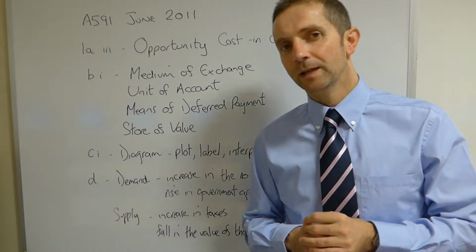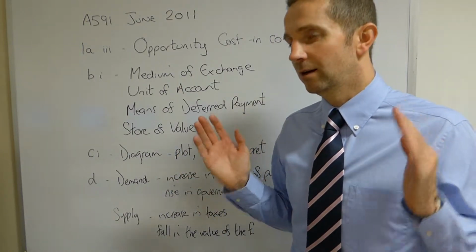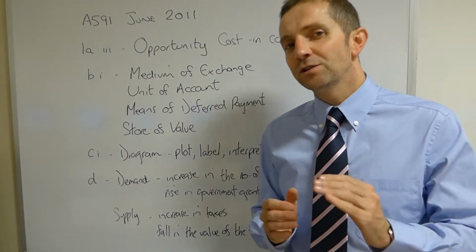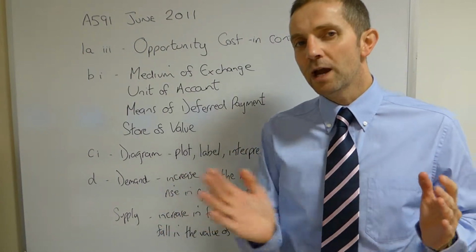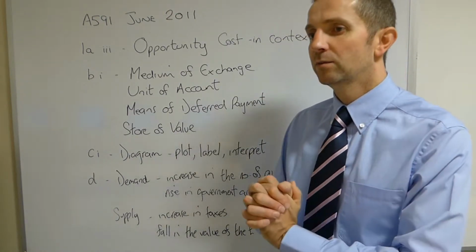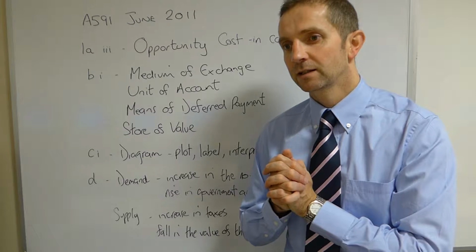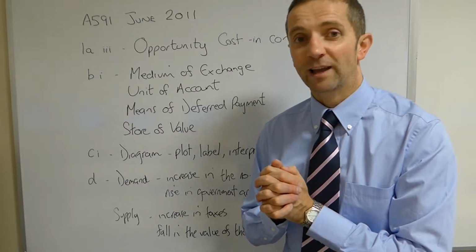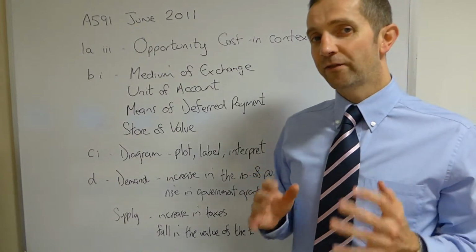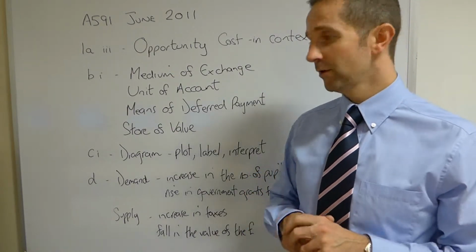B part 1. Now, you have clearly forgotten the functions of money which we did way back at the beginning of the course, probably back at the end of year 9, beginning of year 10, where we looked at the functions of money, and there are 4 of them.